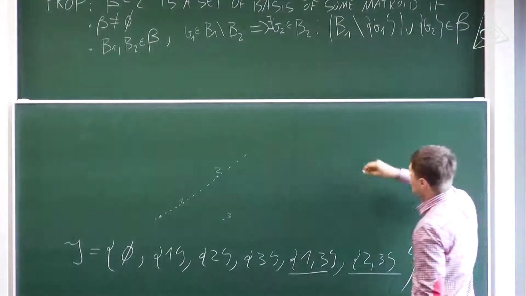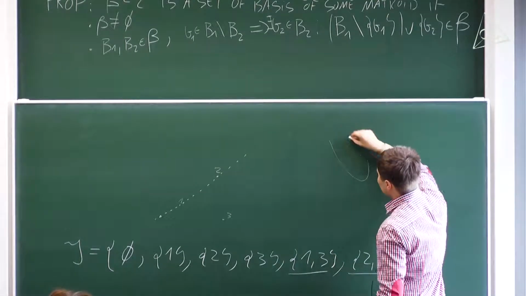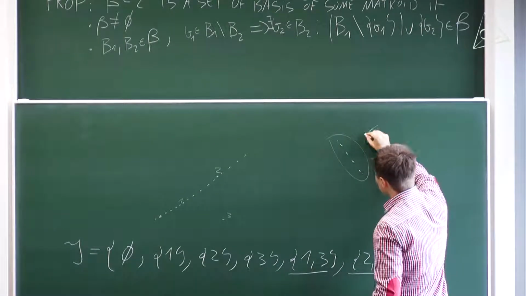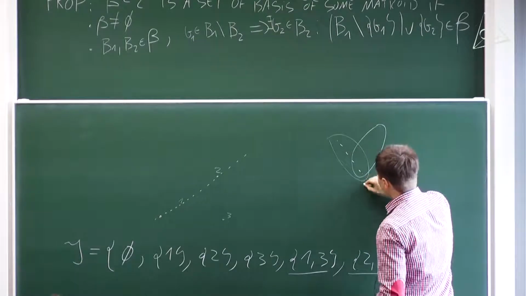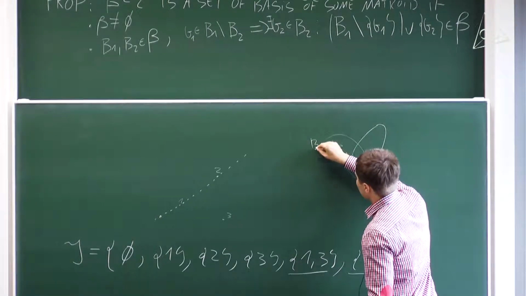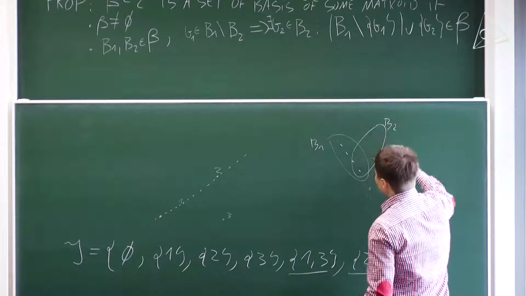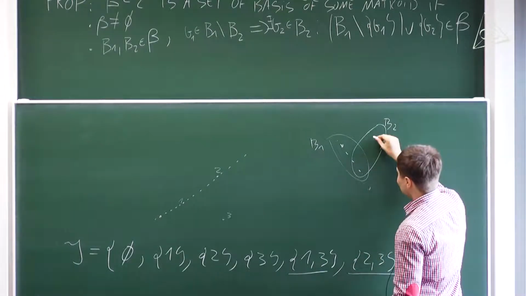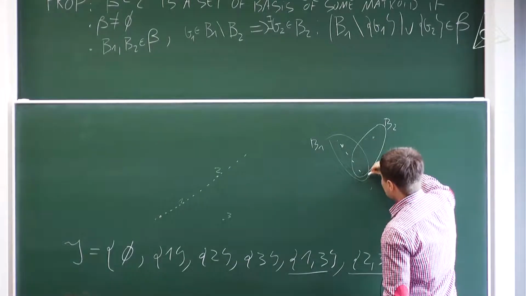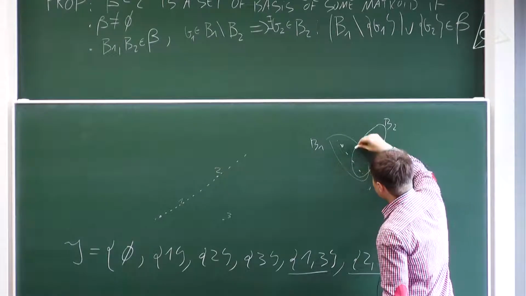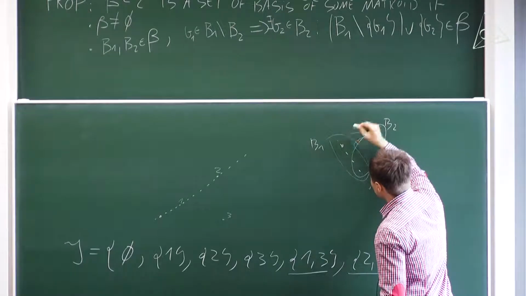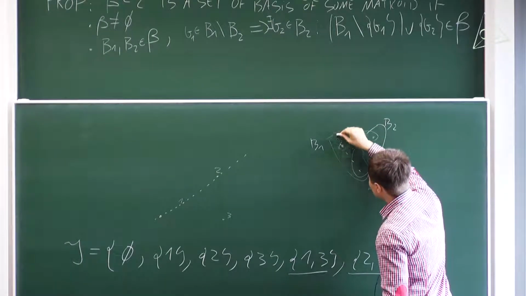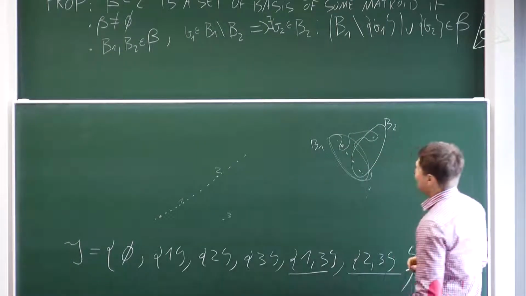Okay, so the picture is like this. I have 2 bases, B1 and B2. I pick an element in B1, and I can find an element in B2 such that if I take this one, and I don't take this one, I still get a basis.